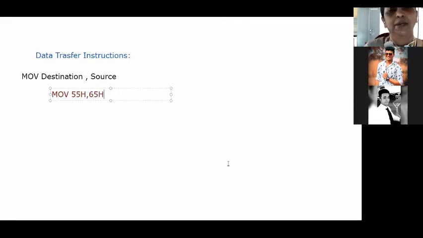Can anybody tell me which type of addressing mode is used in this particular instruction? Answer quickly so that we can move forward, but at the same time, all of you must understand the meaning of each and everything.